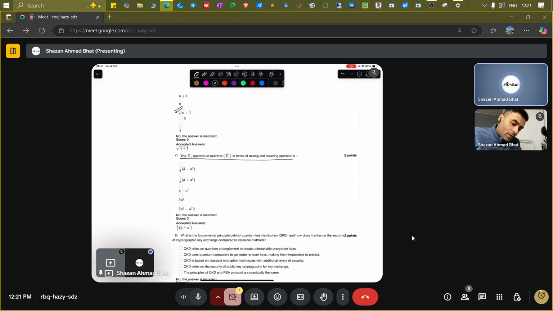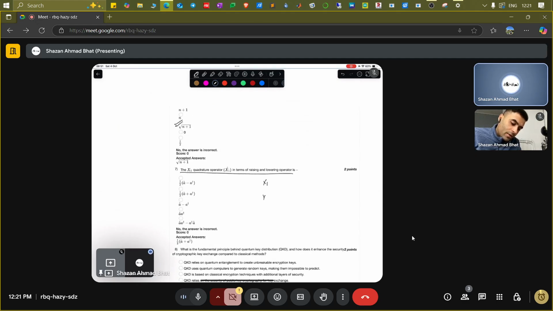Now, if you have the field quadratures, you remember this field quadrature we wrote, which was x1 related to q of t, which was related to x times square root of m, which is position, and x2 related to p of t, which is related to momentum by square root of m.